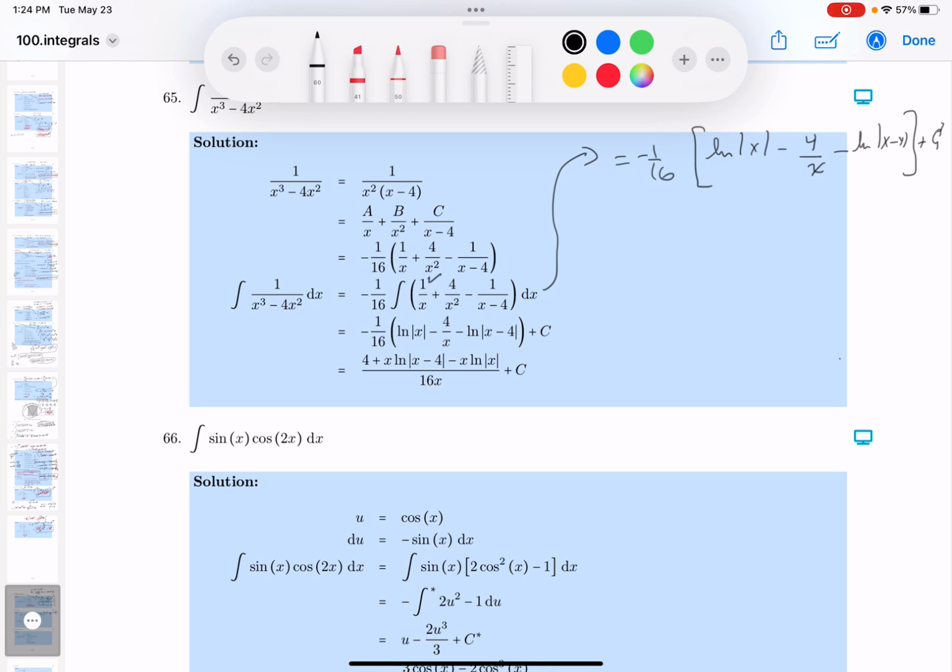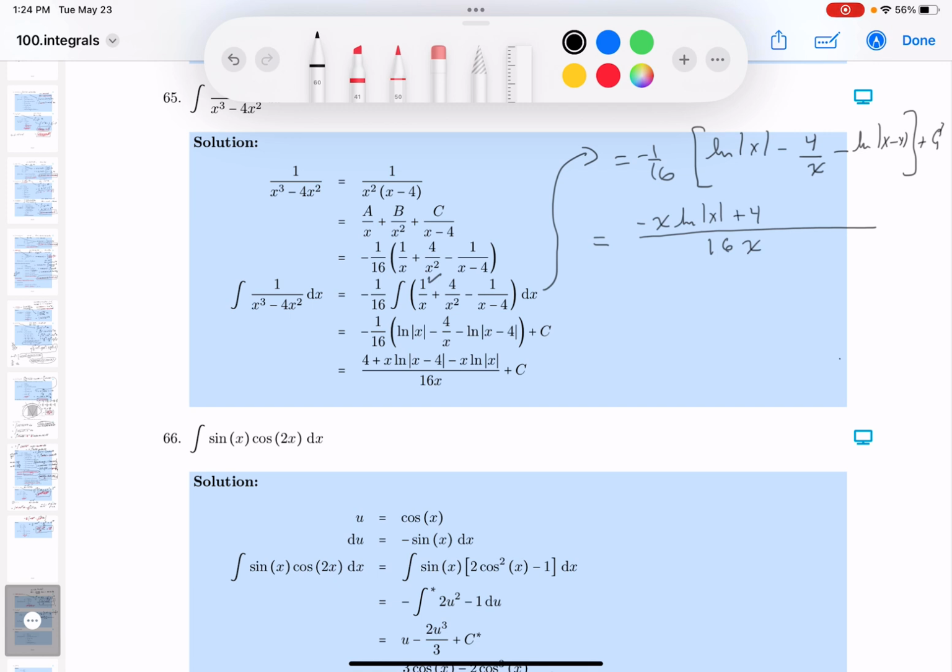All right. Let me keep looking at it. Again, if I had an exam question, I'd probably leave it there, but let me simplify it. I'm going to get a common denominator now, and it's going to be 16x. And what are you going to get? You get minus x ln absolute value of x. Let me just be real careful there. And I got that. What's next going to be? I still have the 16x, minus 4, but I'm multiplying by a negative number, so plus 4.